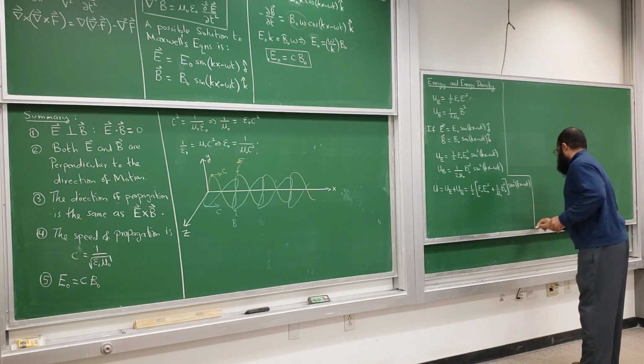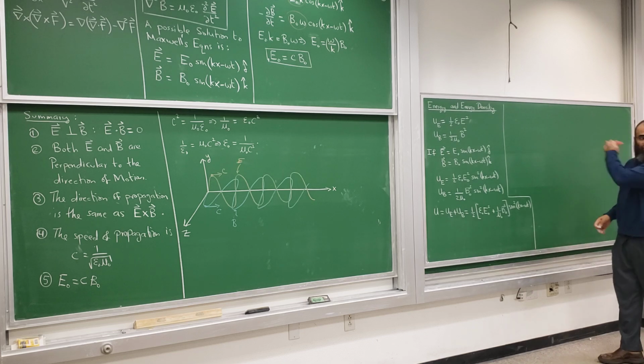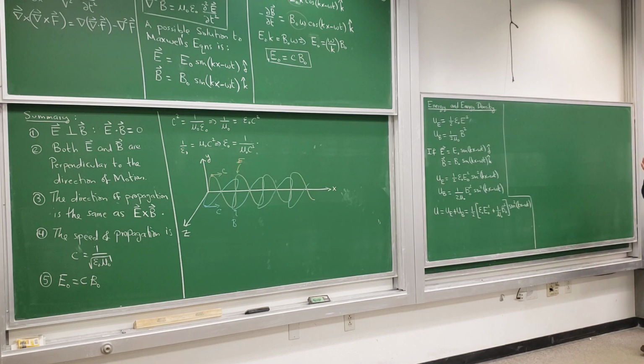So imagine our waves are traveling to the right. Let's take a box. Here's a box of area A. This is the side area of the box.